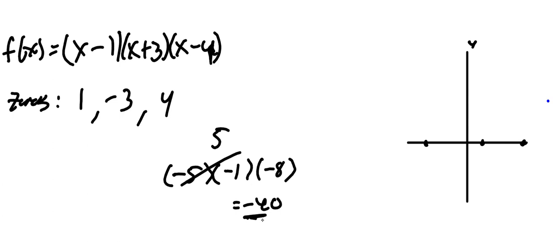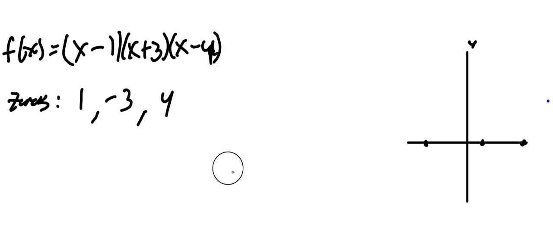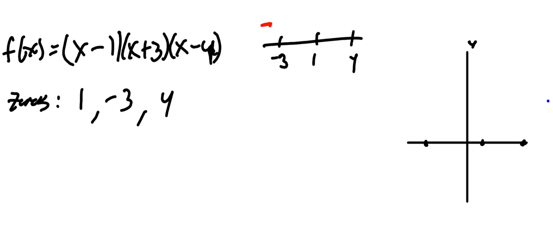So this number is negative. Let's create a little chart here. Negative 3, let's have 1 in the middle, and then 4. That means below negative 3, the function is decreasing.